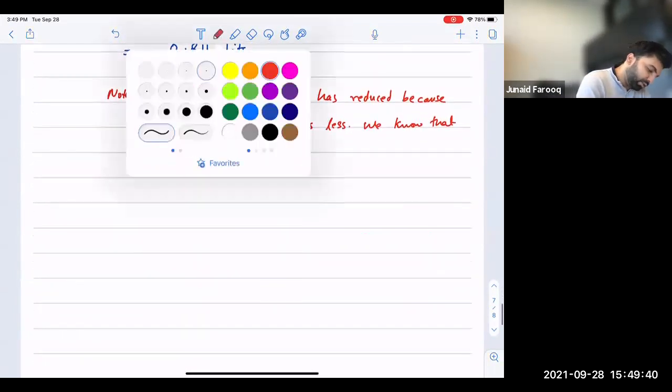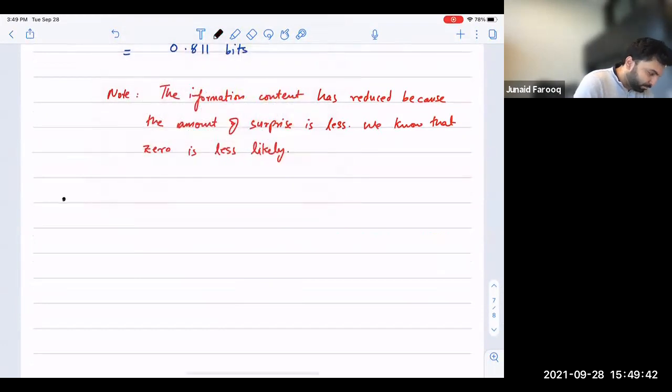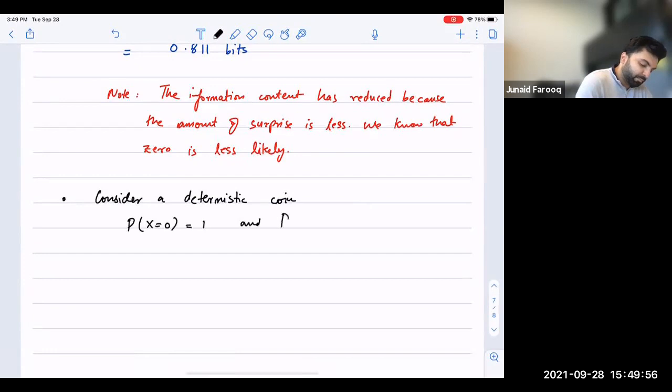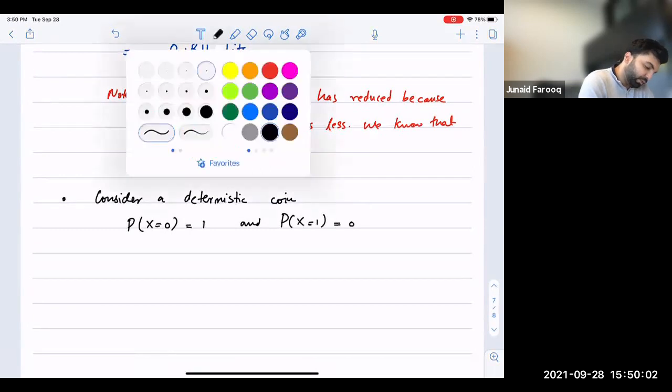Now, the third case is a trivial one. Consider a deterministic coin, where probability X is 0 is 1, and probability X is 1 is 0. Then the entropy is essentially 0.